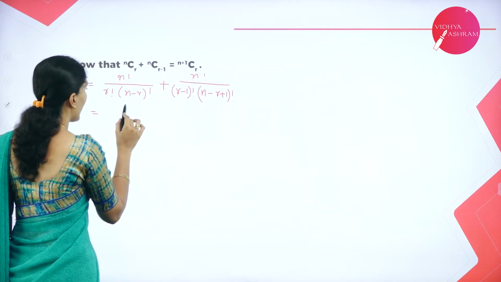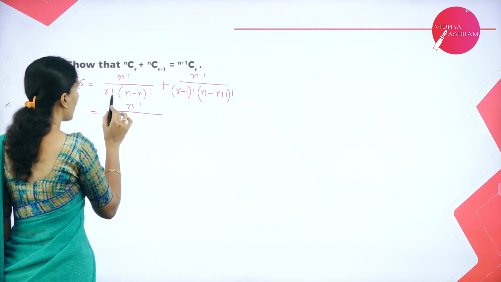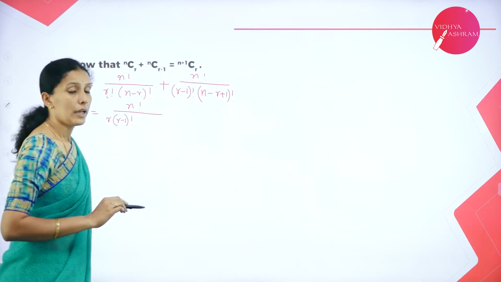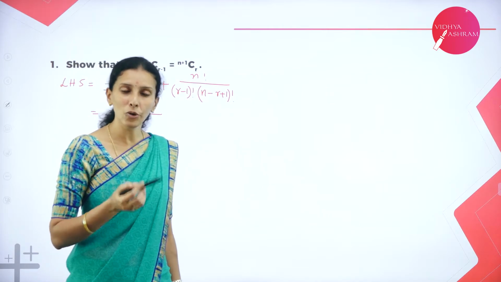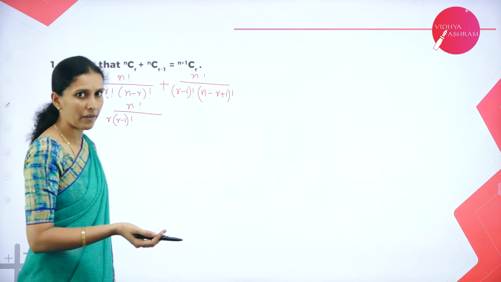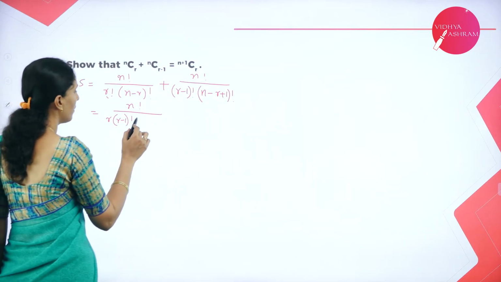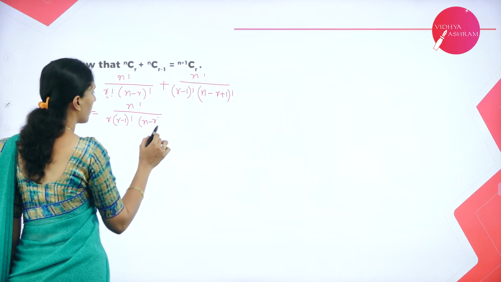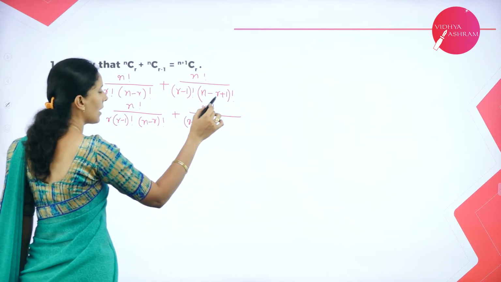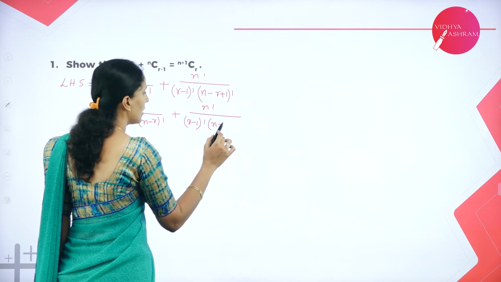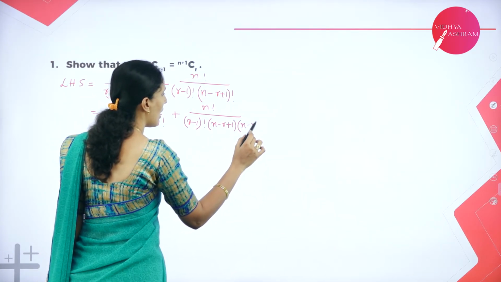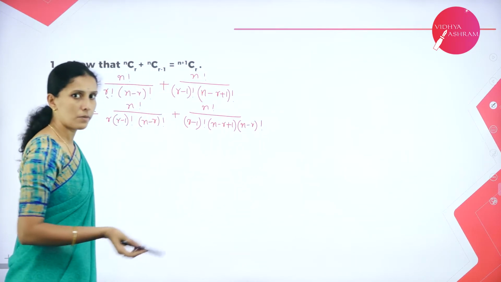Now, r factorial can be written as r into r minus 1 factorial, because 3 factorial can be written as 3 into 2 factorial. Similarly, n factorial can be written as n into n minus 1 factorial. So the same condition here we are applying for r. Next here, n minus r plus 1 factorial can be written as n minus r plus 1 into n minus r factorial, since n minus r plus 1 minus 1 becomes 0.